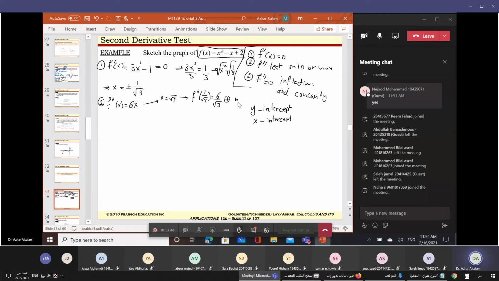It will be a minimum. Okay, this is a minimum point. And also, I have the second one, which is minus 1 over the square root of 3. Notice here, I have a plus or minus. So for the second derivative test, I substitute in the second derivative with minus 1 over square root of 3. It will be minus 6 over square root of 3. It's negative. Okay, so it will be a maximum point.